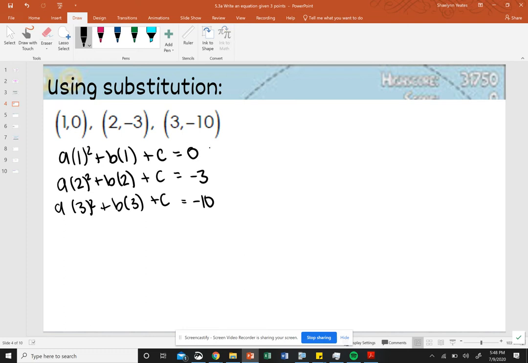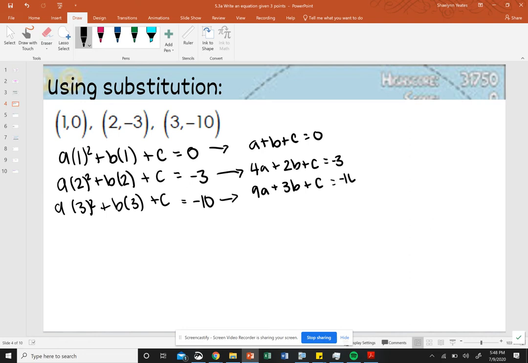Okay, so this top equation just becomes a plus b plus c equals 0. This next one becomes 4a plus 2b plus c equals -3. And this last one becomes 9a plus 3b plus c equals -10.